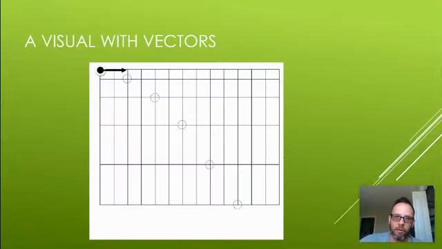I want to get a little visual of vectors. So this kind of simulates the cannonball. If we launch some projectile with some horizontal speed, I'm going to call it Vx.